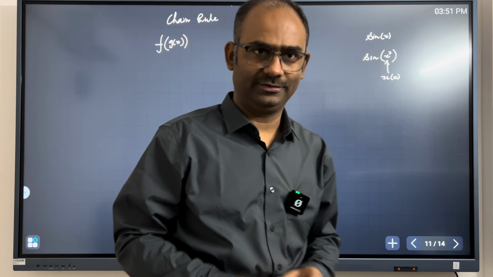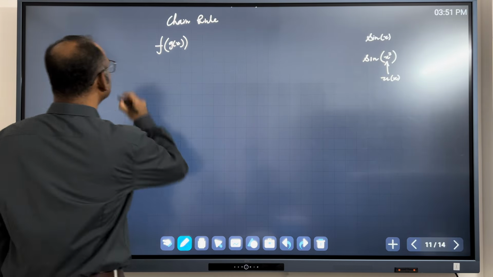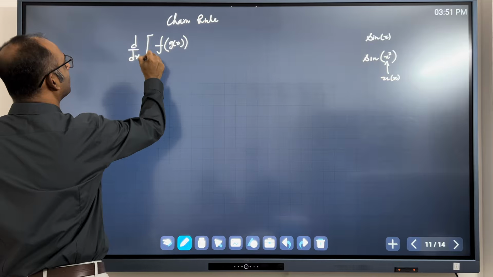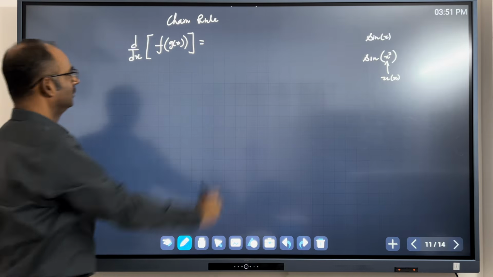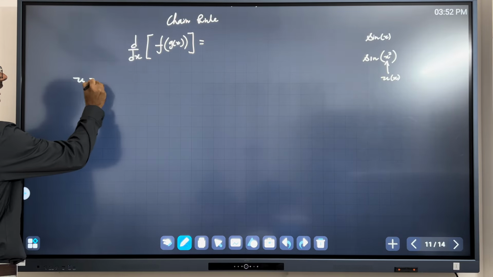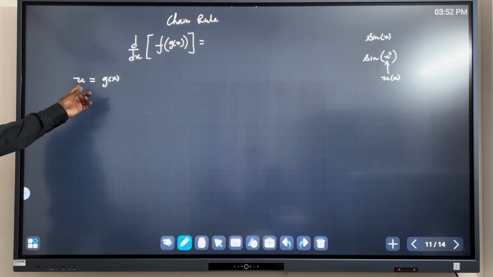It's a composition of f and g. Is this fine? You understand this? So the rule is equal to, so what we'll do is we will write u as g of x. Okay, so we'll denote g of x by u.